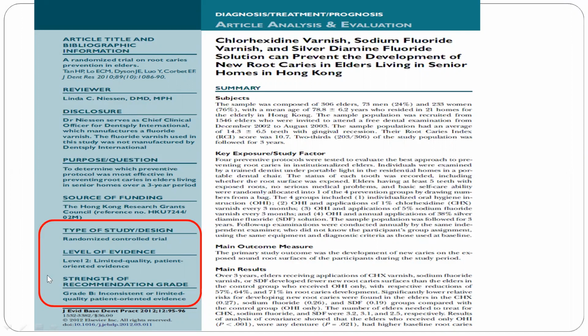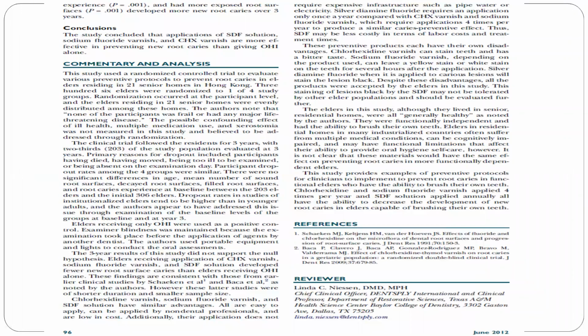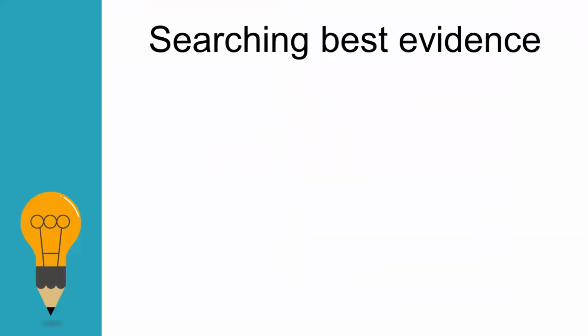This is really helpful for understanding the output. Along with that, such journals also provide commentary and analysis on how this can be applied in a clinical scenario, and the commentary of the experts on this article.